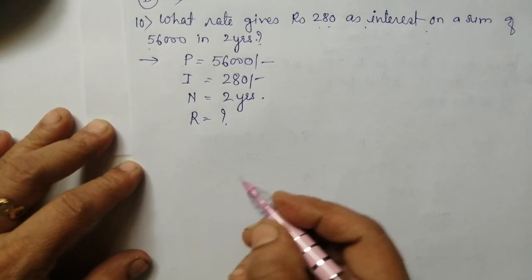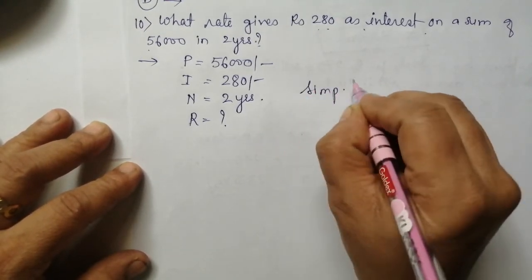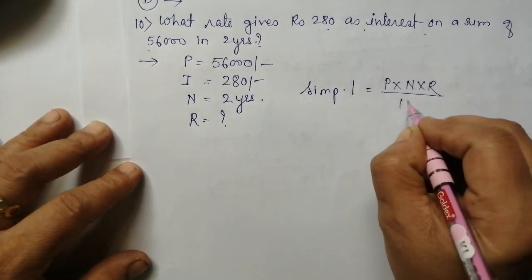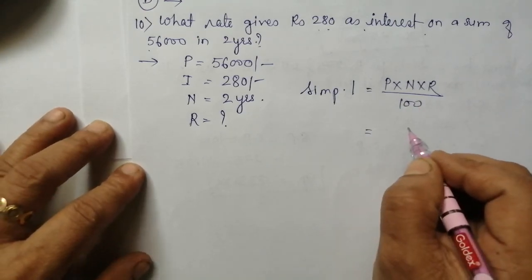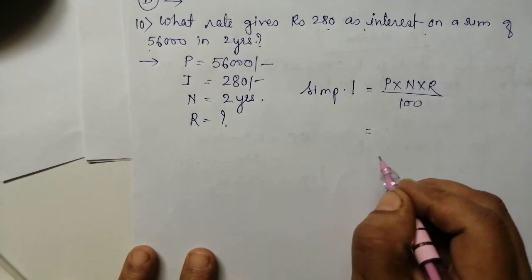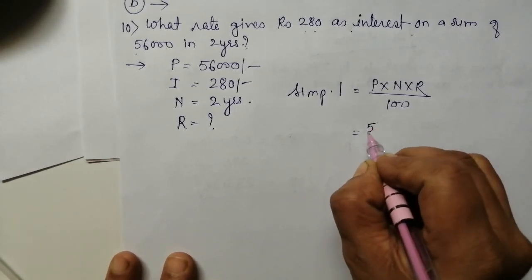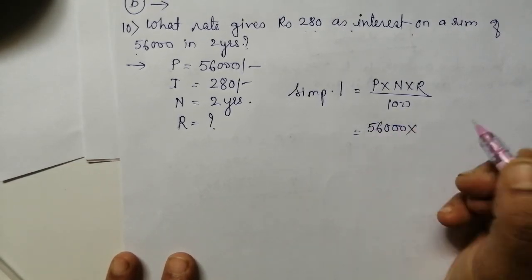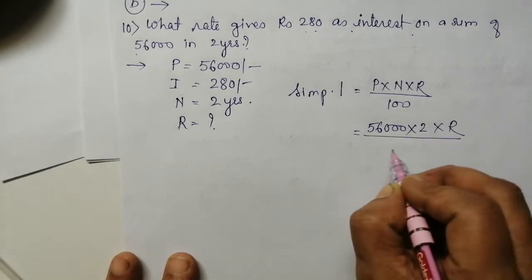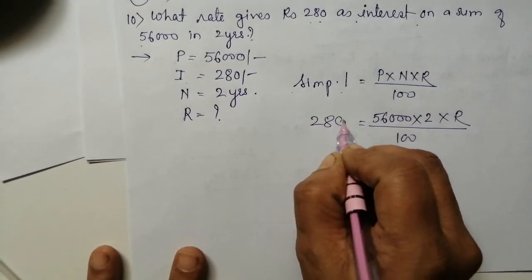Now here by using the simple formula, that is simple interest is equal to P multiplied by N multiplied by R divided by 100. Fill the amount by the calculation, you will get the rate. That means principal multiplied by 2 years, R kept as it is, divided by 100, and simple interest is given 280 rupees.